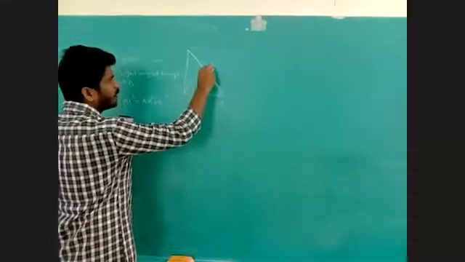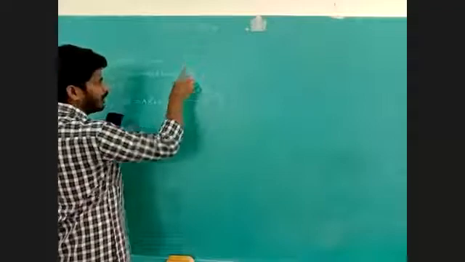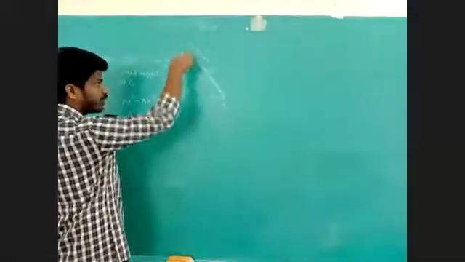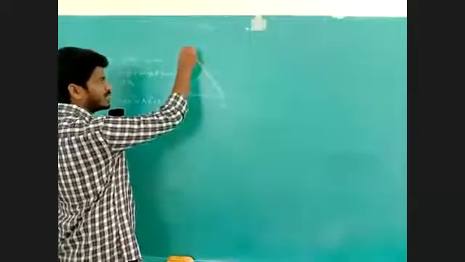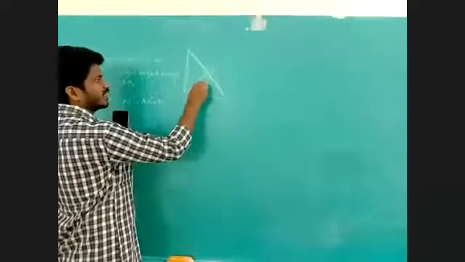If BD is perpendicular to AC, then the total triangle ABC is divided into two right angle triangles. The first right angle triangle is ADB, and similarly the second right angle triangle is CDB.